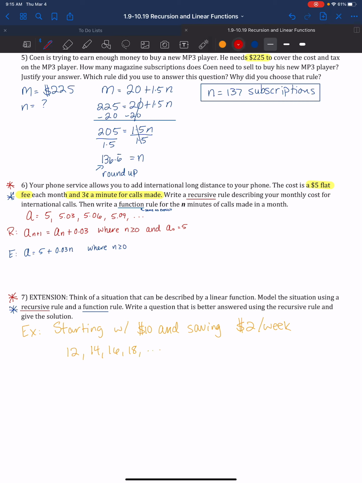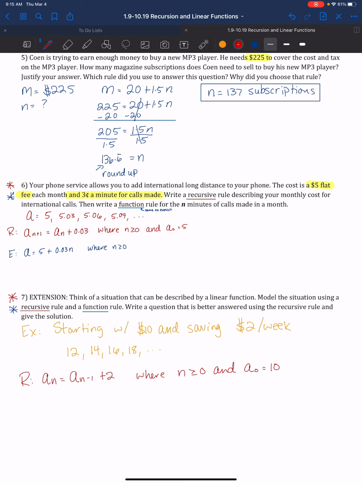So a recursive rule, you're going to have A sub n is equal to A sub n minus 1 plus 2, where n has to be greater than or equal to 0, and our starting amount, A sub 0, is equal to 10.